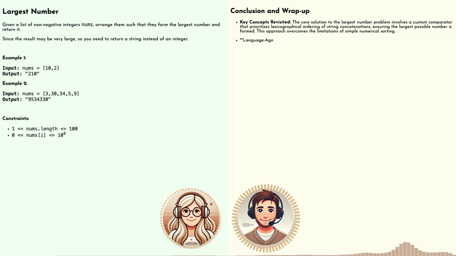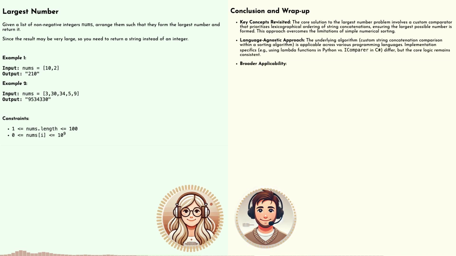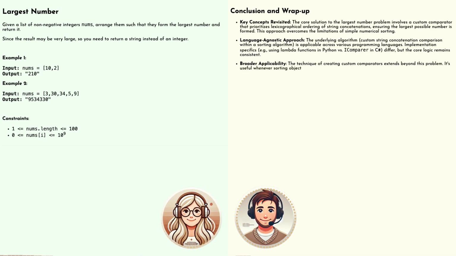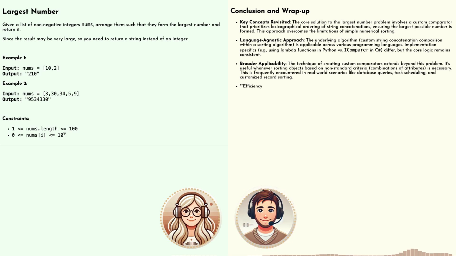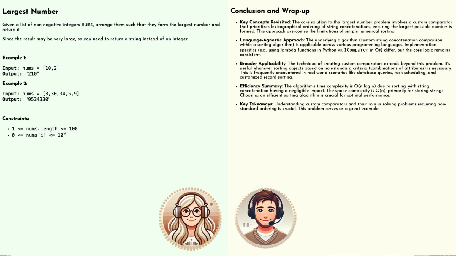We talked about what the problem is, why brute force doesn't work, and how to use a custom comparator to solve it in a really elegant way. We even looked at how to do it in Python and C#, and why it's so efficient. Plus, we saw how powerful custom comparators are. Hopefully our listeners are feeling inspired, ready to tackle their own tricky sorting problems.